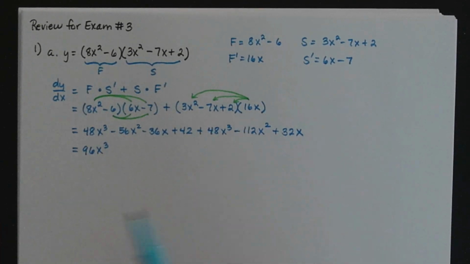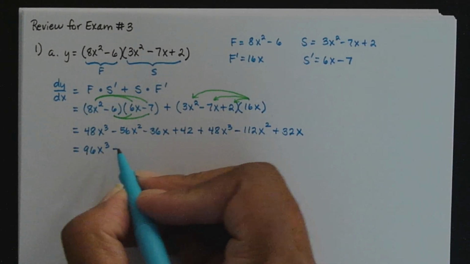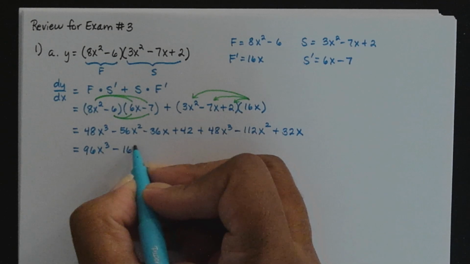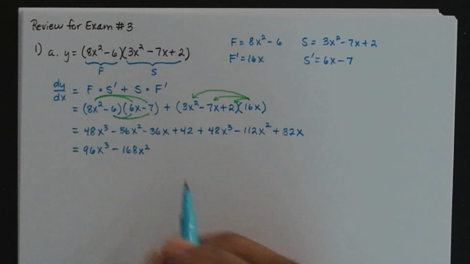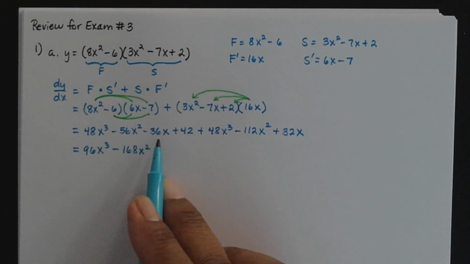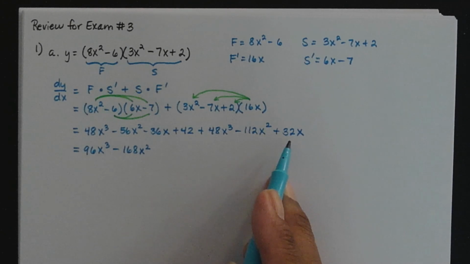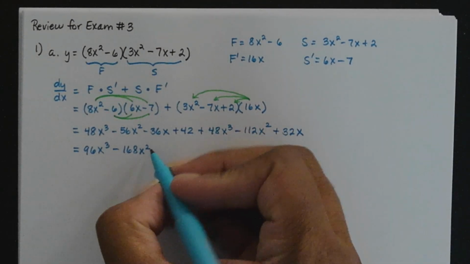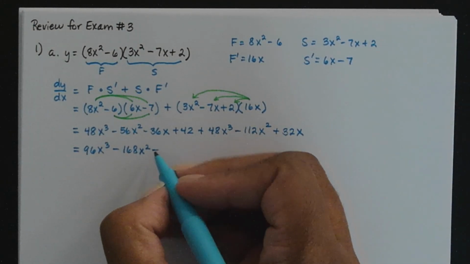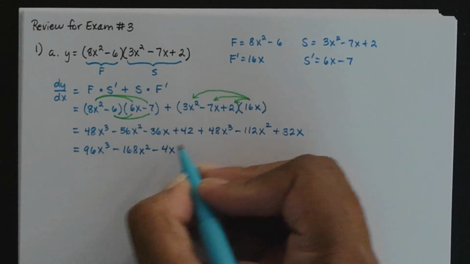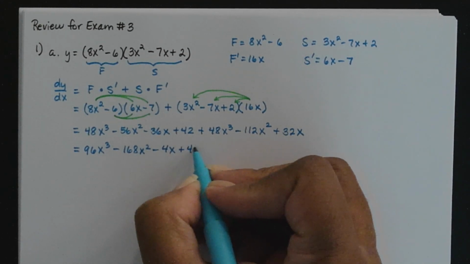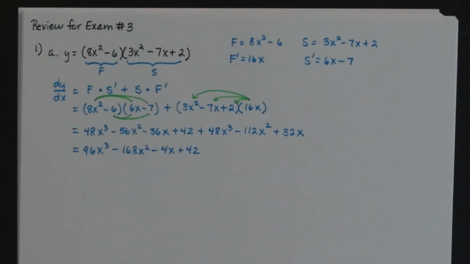If I combine those two, that's going to be a minus 168x squared. Let's see, minus 36x and a plus 32x. That's minus 4x, and then nothing to combine with that 42, so I'll just bring that down. So the derivative there would be 96x cubed minus 168x squared minus 4x plus 42.